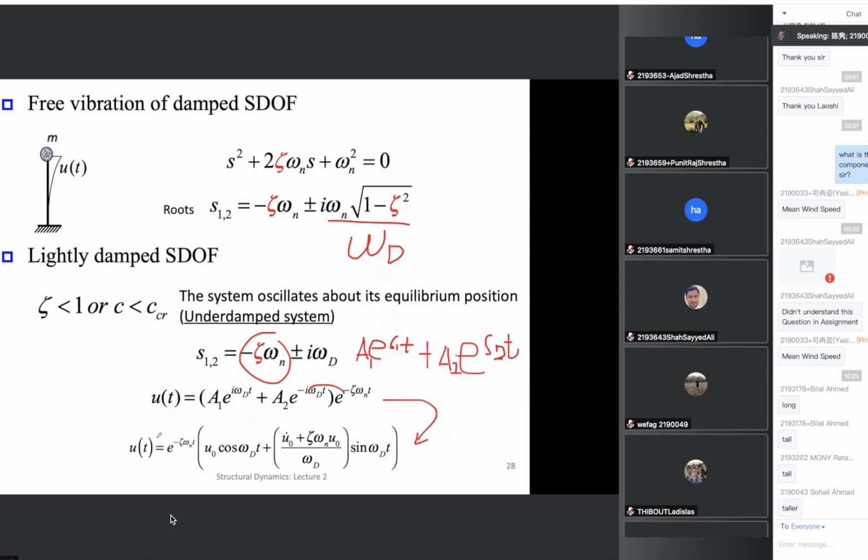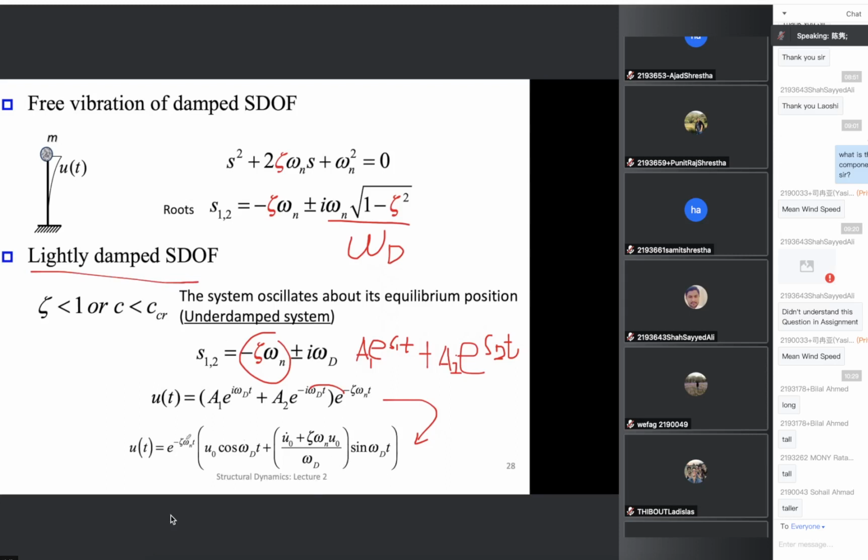Normally it should be like 0.05, 0.01, so 1% like that. We do have 0.1, or 10%, but in a very special case. So it means the damping is very small, and we're dealing with lightly damped systems in civil engineering.